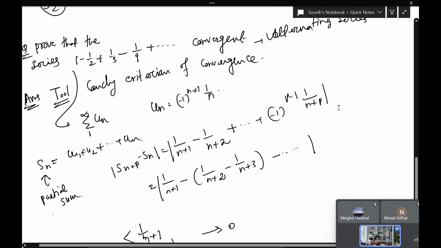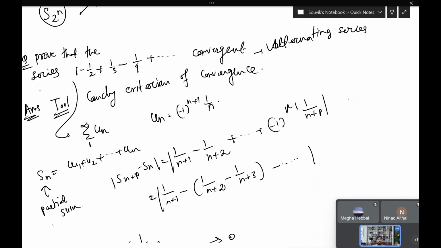So I am repeating this solution again. First we need to show the convergence. Here we are going to use the Cauchy criteria as the main technical tool. We are rewriting the sequence as Sn equal to summation un, where un is each term, minus 1 to the power n plus 1, 1 by n. Now we are going to apply the Cauchy criteria.